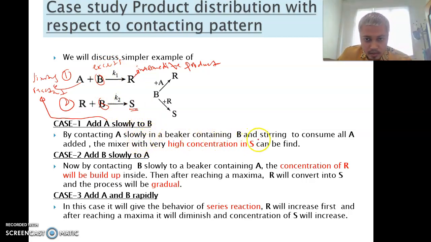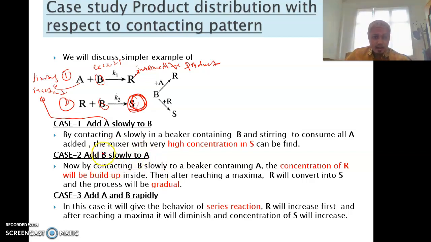So it will consume all A, because A is limited. A mixture with very high concentration of S can be found. So we can have this high concentration of S if B is inside the beaker and A is added slowly inside the beaker. And then we have the second case, add B slowly.